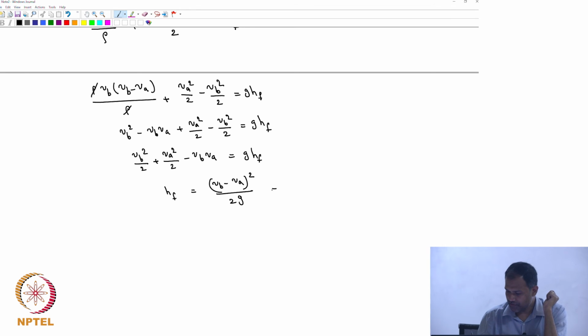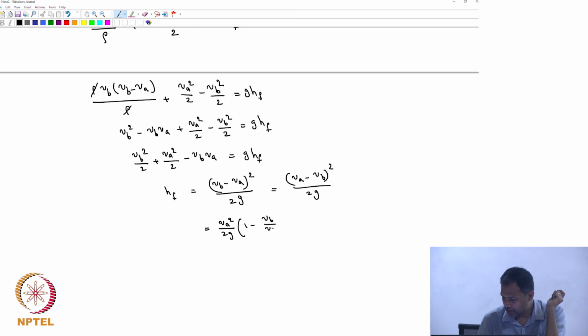I'm going to write this as VA minus VB because VA is going to be the larger velocity. VA minus VB whole square divided by 2g is equal to VA square by 2g into 1 minus VB by VA whole square.